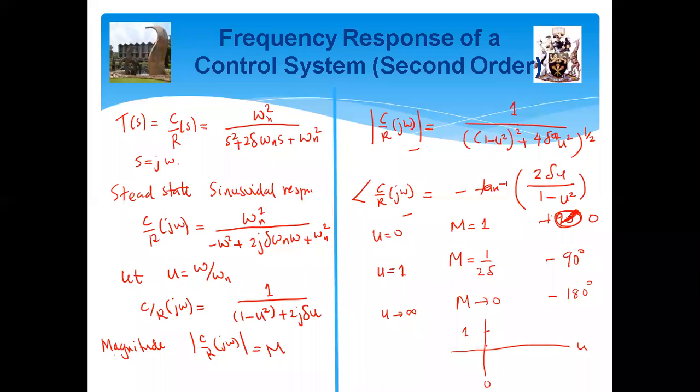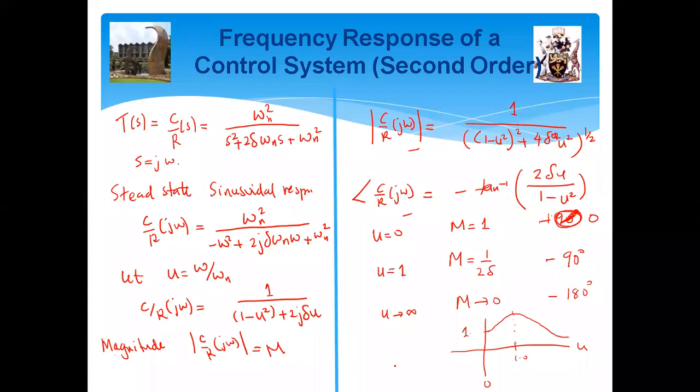At 1, since delta is a small number, less than 1, which we assume for most control systems, we'll have something going up and then down.